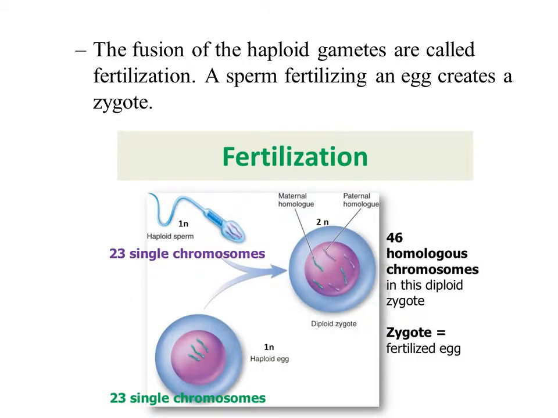The fusion of these haploid gametes is referred to as fertilization. When the sperm unites with an egg, you will create a zygote. A zygote is the reuniting of these haploid cells to create a diploid cell.